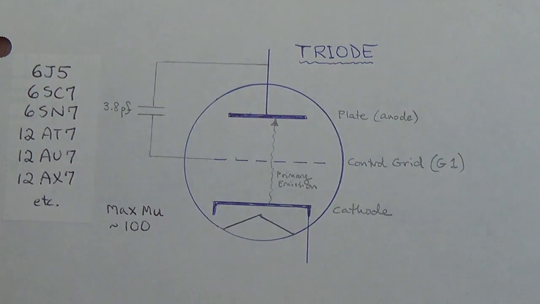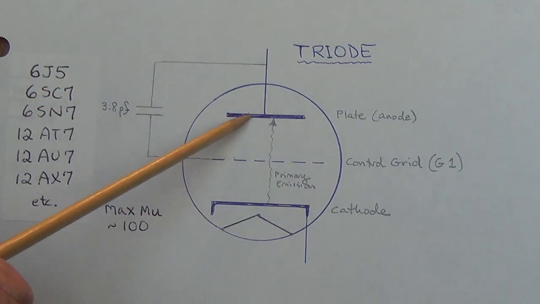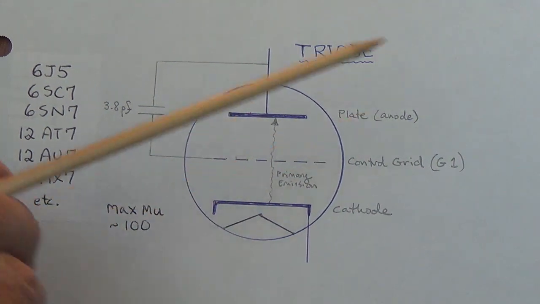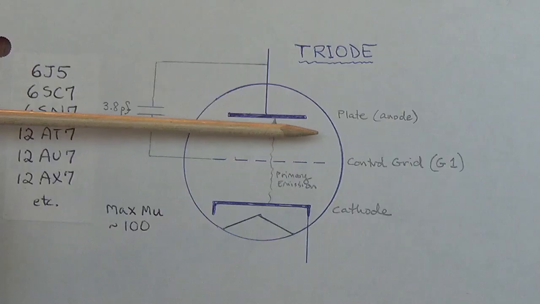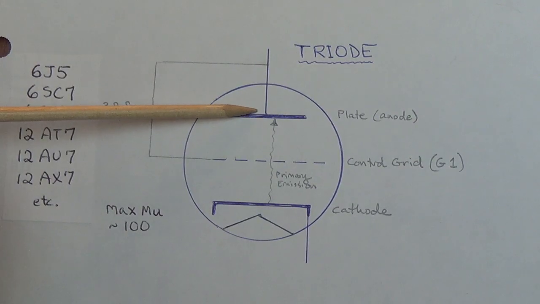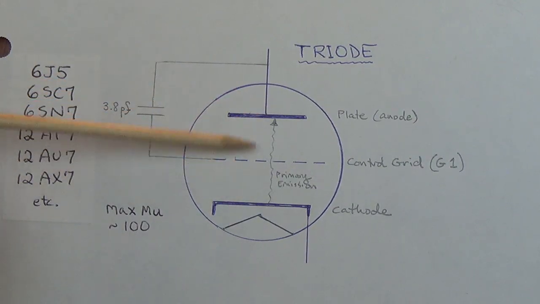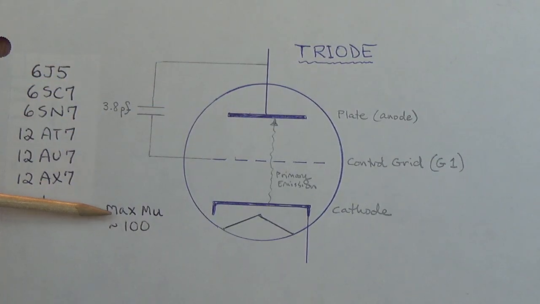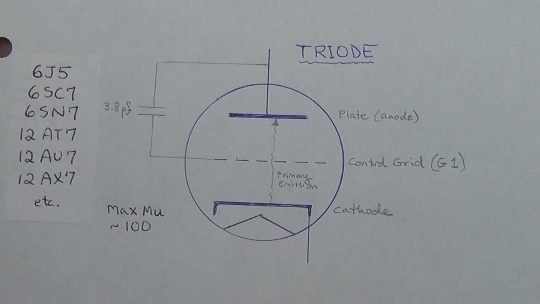The downside is it has a lot of inter-electrode capacitance, which makes it a short circuit for high frequencies, and there is no shielding between the plate and the grid, and therefore we're very restricted in the amount of voltage we can apply to the plate, and therefore the amount of plate current is limited and amplification is limited to a factor of about 100.